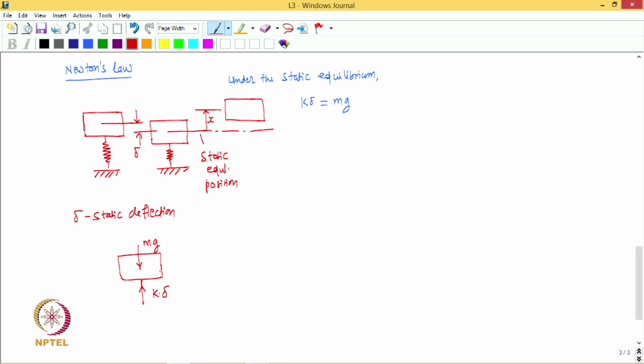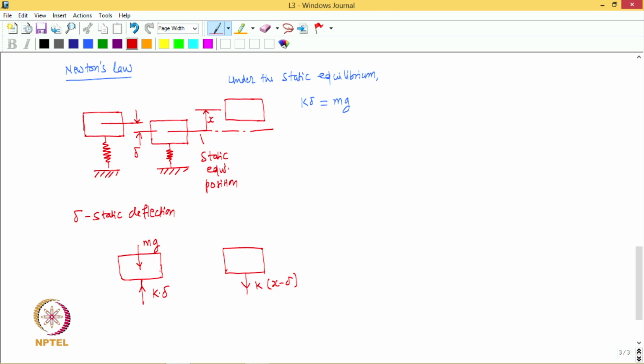And now we need to make the free body diagram again in order to write the equilibrium under the displaced condition, right. Under the displaced condition, if we make the free body diagram, then the force due to spring would be due to the net deflection.